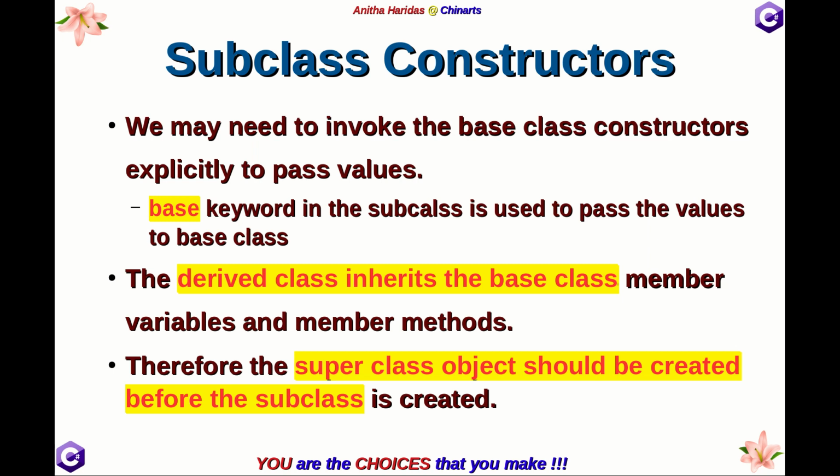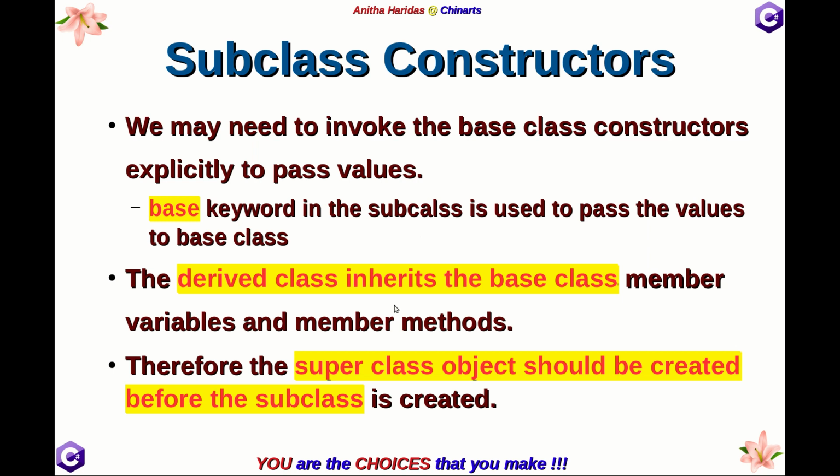If so, when you pass values to the subclass constructor, you have to invoke the base class constructor explicitly to pass the values. So if I want to explicitly invoke the base class constructor, we are going to use the base keyword in the subclass, and it is used to pass the values to the base class.